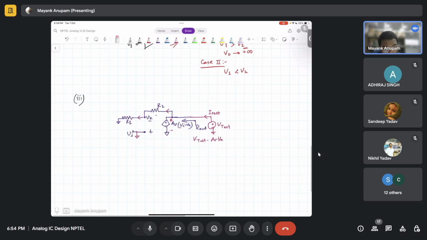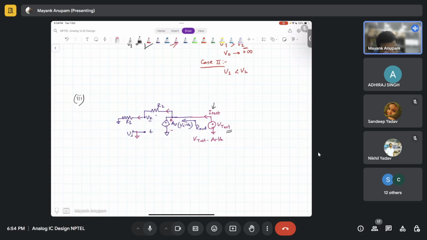So what should be the output resistance in that condition? For any finite V test, the output current I test will be how much? Huge, and in an ideal situation, huge is infinite, okay?